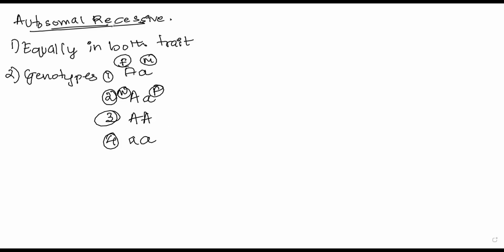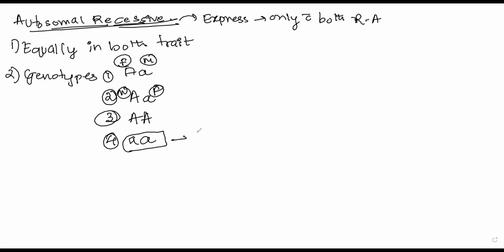Now, since it is a recessive trait, that means it will express only with both recessive alleles. Correct? So here only one genotype will be the diseased one. The rest of them all have at least one capital A, so they are not going to be showing the disease.